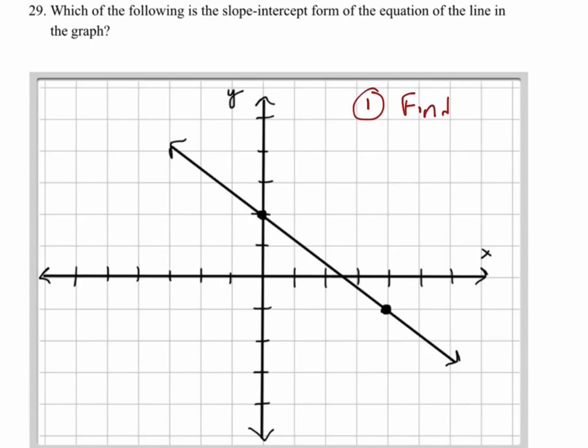Find B, y-intercept. Find slope. Okay, so my y-intercept here, that's part 1. And then my slope is there.